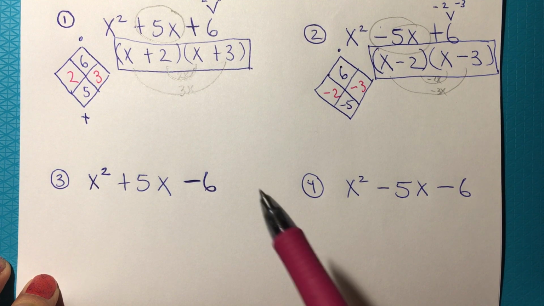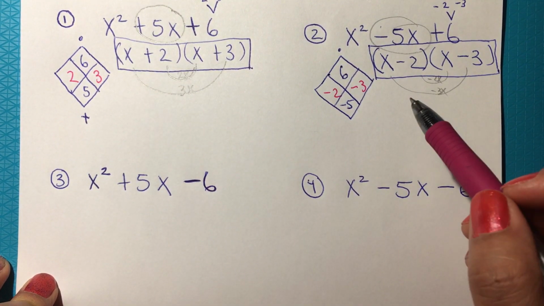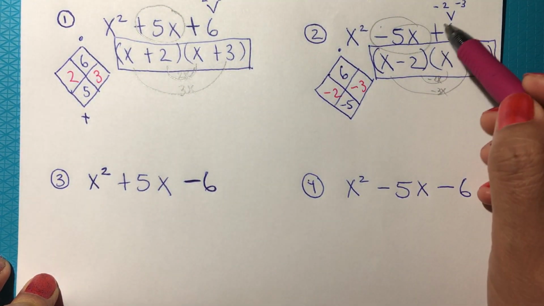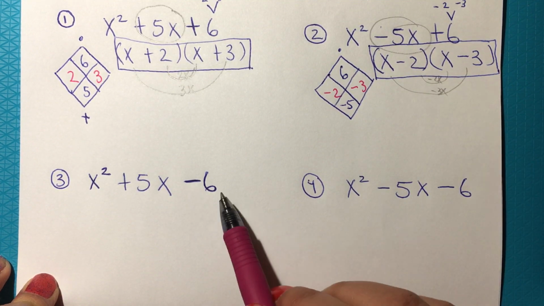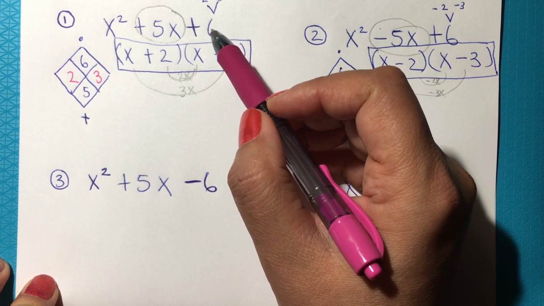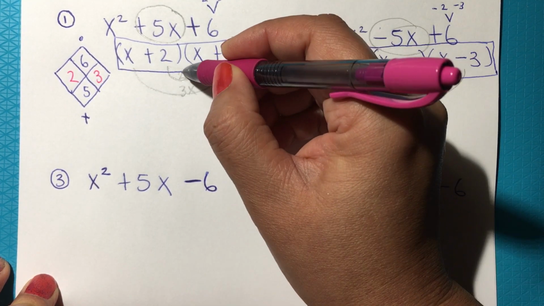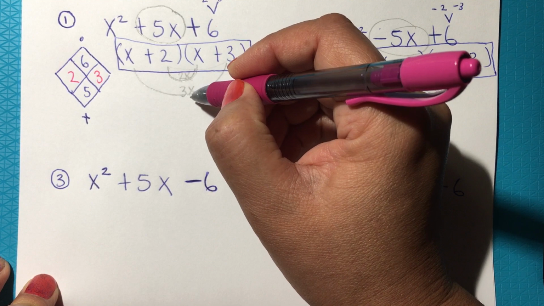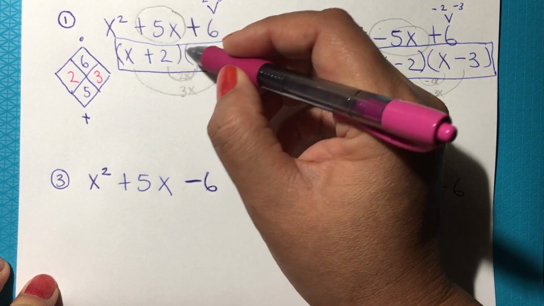Now, something that I want you to notice with this too is that the last term is positive. For here, we will have negative, but with that, it tells me two things. I added these two together, 2x plus 3x is the 5x.